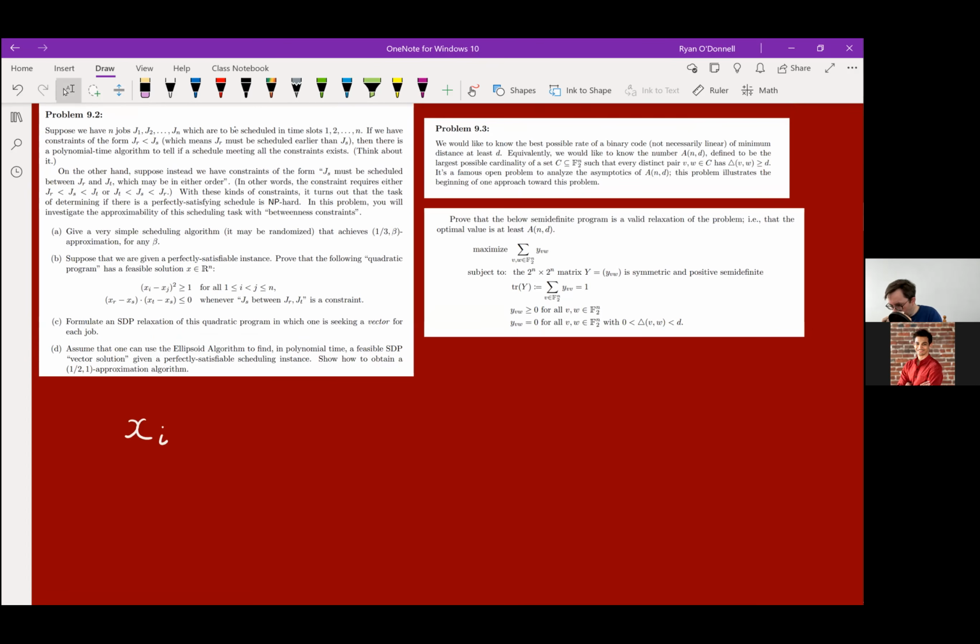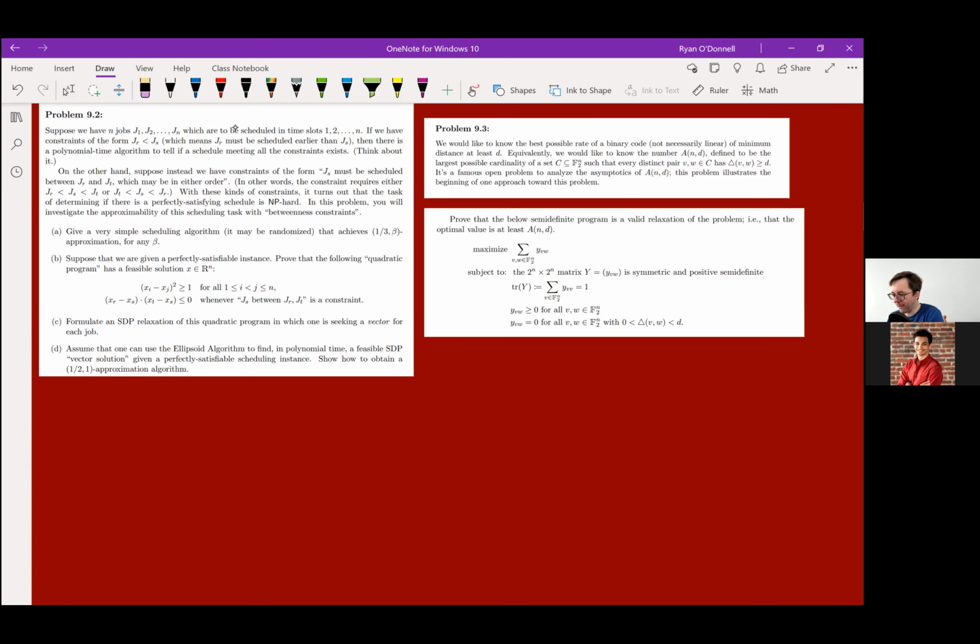But aren't the constraints of the form jr less than or equal to js? How can you have that for just the name? I see, I guess you're supposed to assign numbers to the j's.